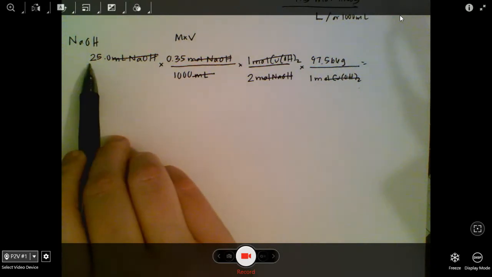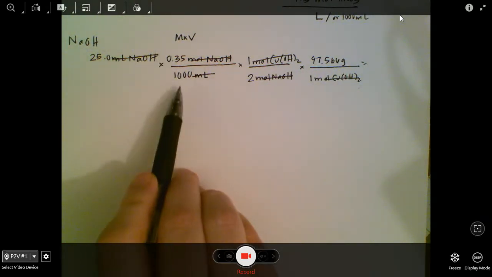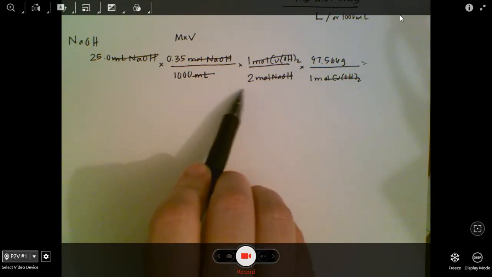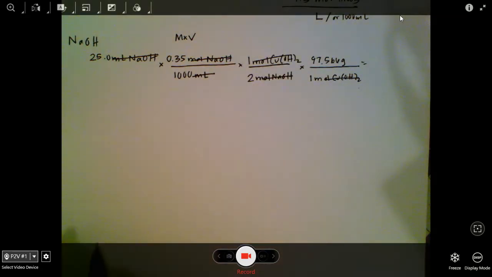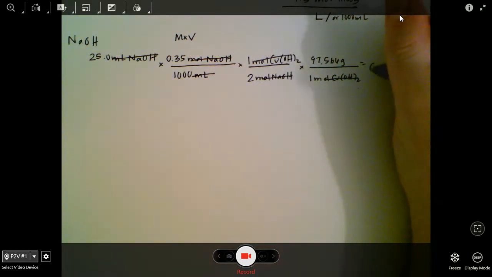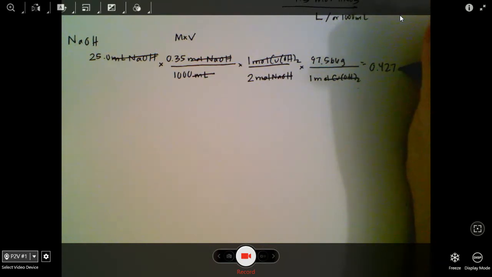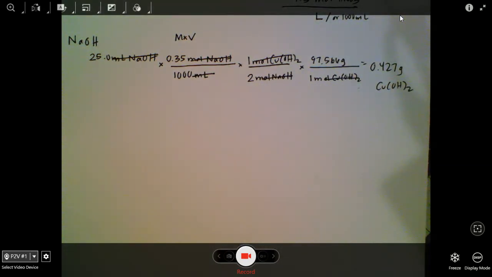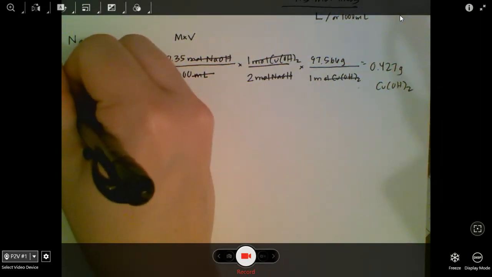So if I take 25 times 0.35 divided by 1,000 divided by 2 times 97.566, I get 0.427 grams of the copper 2 hydroxide.